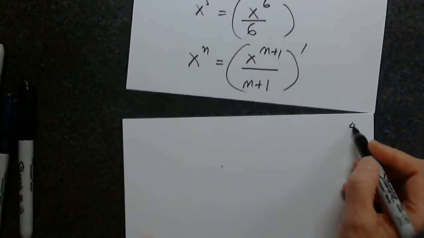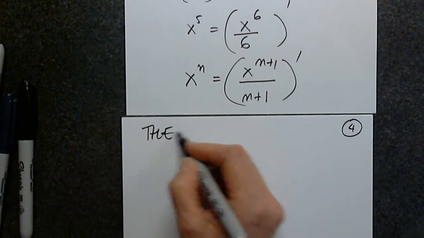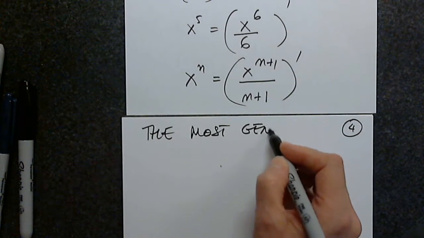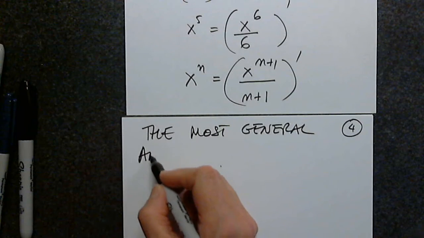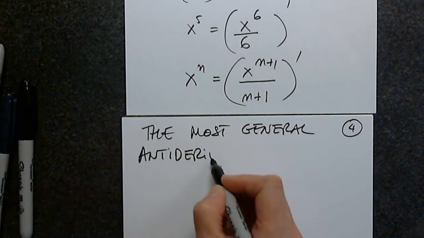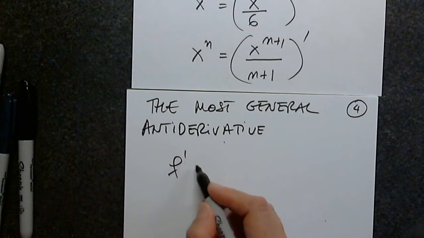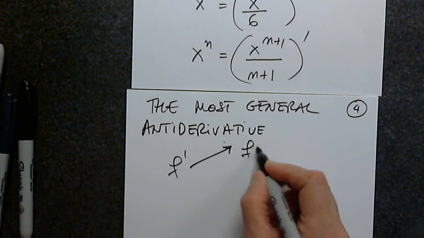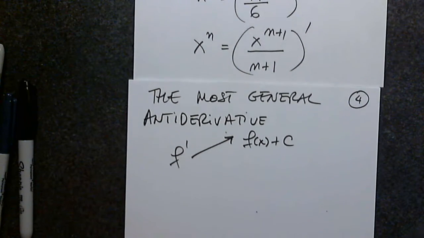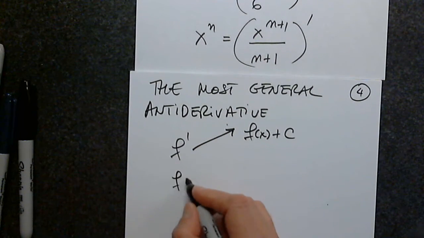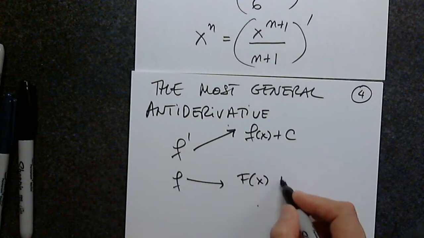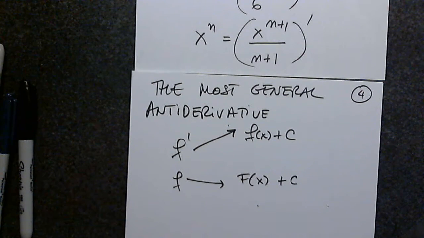So let's consider that as well. The most general antiderivative, for f prime, it will be f of x plus a constant c. And for f, it will be uppercase F of x plus a constant c. So if we are given f prime, the most general antiderivative is f of x plus a constant c.